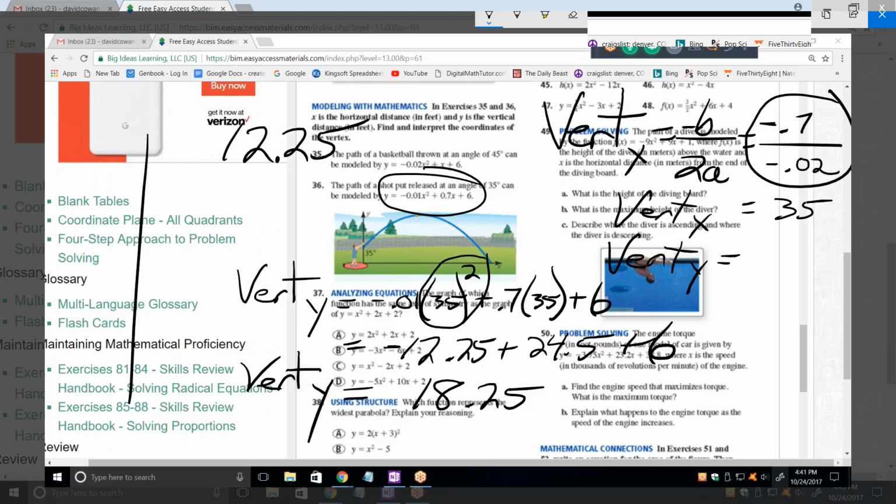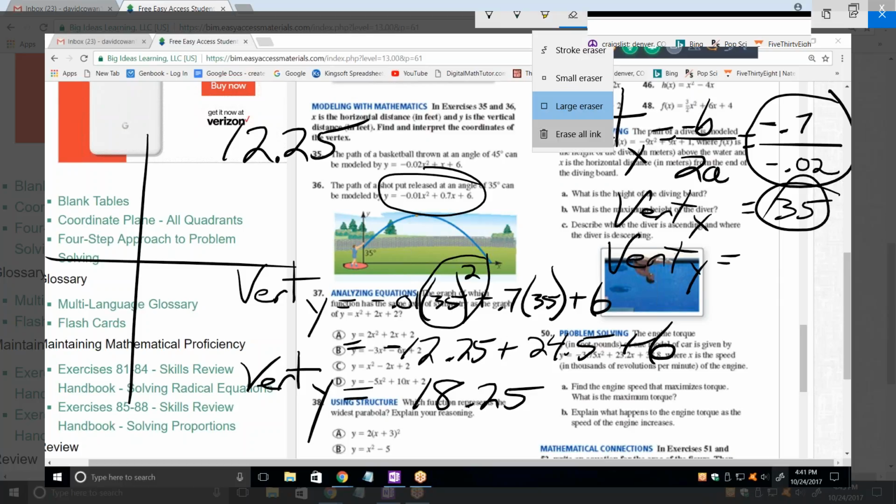So now I can graph it. Once you have the x and the y-coordinate, the x-coordinate was 35. Let me graph it. 35, 18.25.